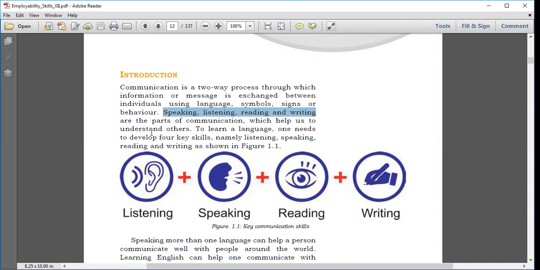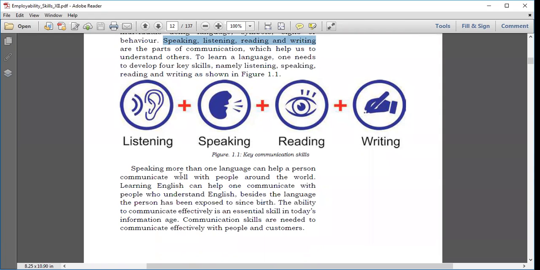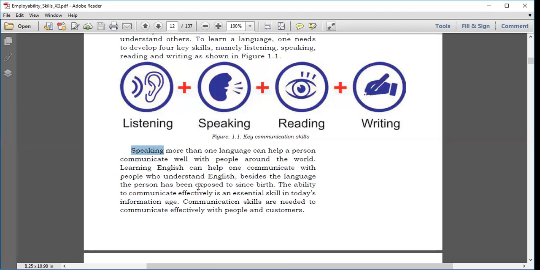So to learn a language, one needs to develop these four skills, right? Listening, speaking, reading, and writing. Now, how does speaking help? Speaking more than one language can help a person communicate well with people all around the world, right? If you know, for example, if you know only the regional language, you only know Punjabi, you cannot speak in English, you cannot speak in Hindi, or you cannot speak in some other languages, Spanish and French and all.